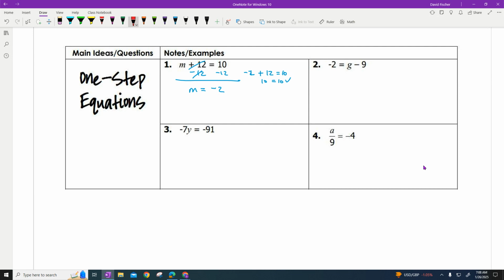All right. Even though the g is on the wrong side, I'm not going to panic. I want the g by itself, so I want to add 9, because the opposite of a minus 9 is a plus 9. So we're basically undoing PEMDAS. We're getting rid of adding and subtracting first, and then we're going to get rid of multiplication and division, so we're kind of going PEMDAS backwards here. I want to add 9 to both sides.